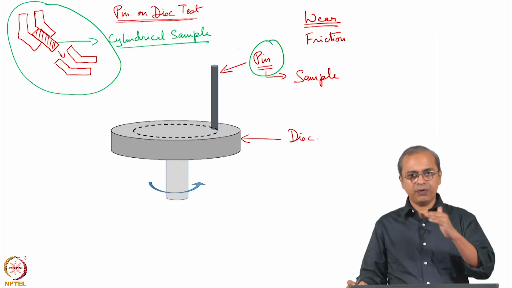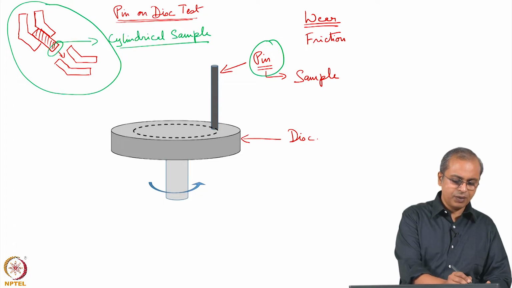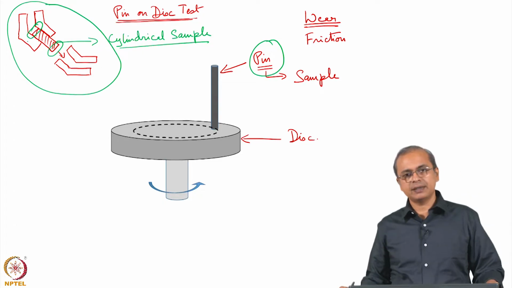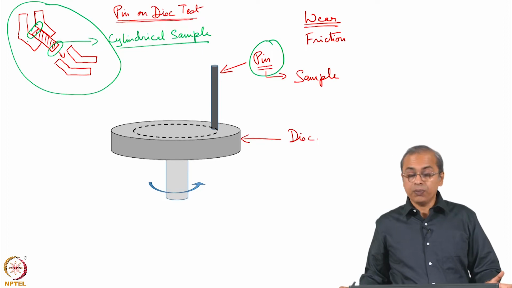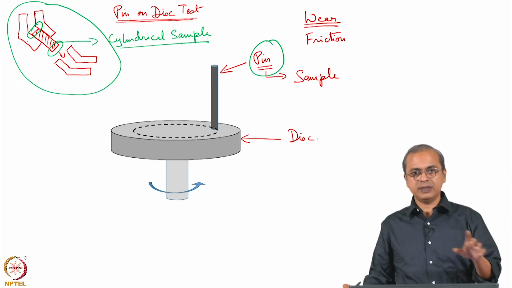At most, you may have to chop off the two ends a little bit, because usually the end will not look like a perfect cylinder's end. You may not have a perfectly flat surface there, very good chance you will not, because of all this twisting that you are doing.